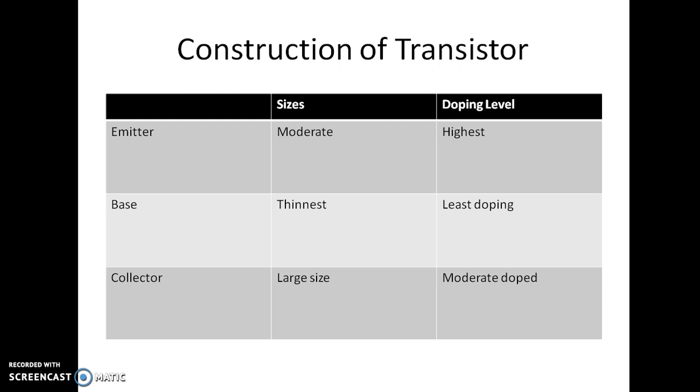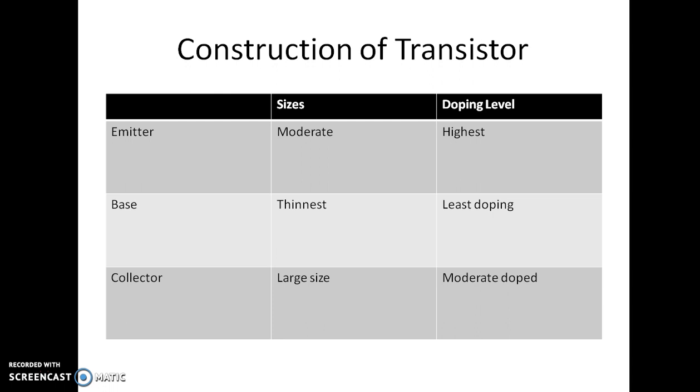For the base, size is thinnest and doping level is least. For the collector, size is largest and doping level is moderate. From this table we can conclude that the base has the least area and the least doping level, the collector has the largest area and moderate doping level, and the emitter has the highest doping level and moderate area.